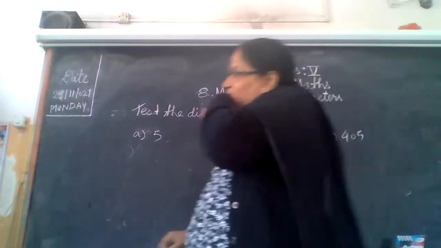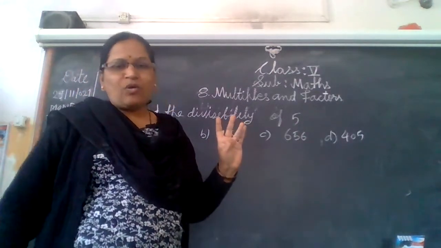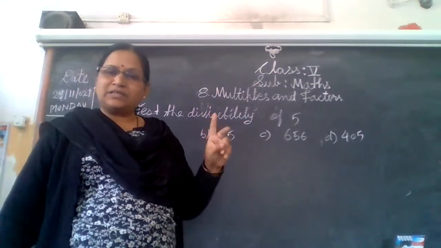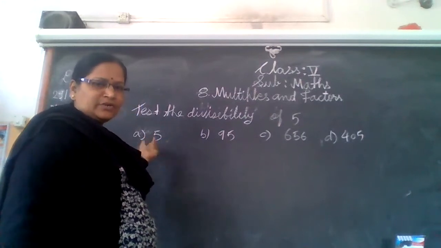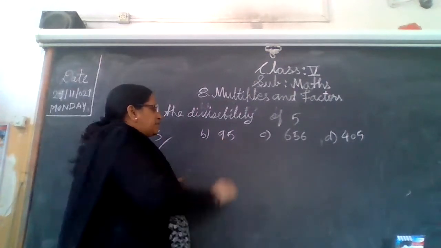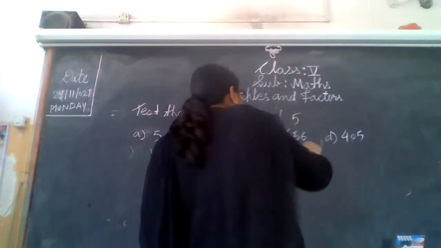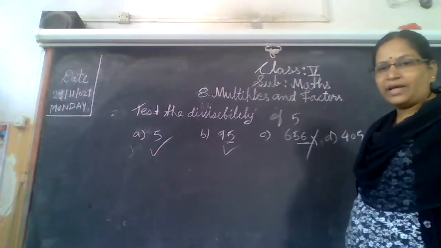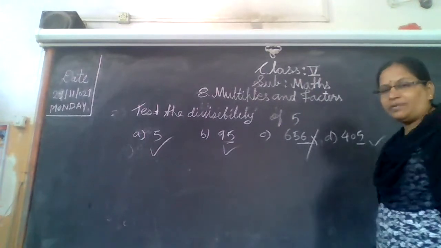So the criteria for divisibility by 5 is that the unit place must have either 0 or 5. Only two digits are allowed in the unit place, 0 or 5. See, yes, the unit place is 5. Yes, this number is divisible by 5. Here the unit place has 6. No, so this number is not divisible by 5. The unit place has 5, so this number is divisible by 5.